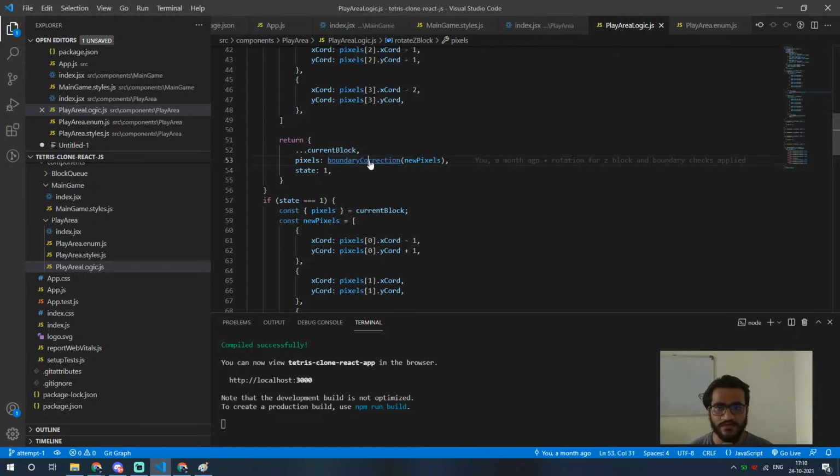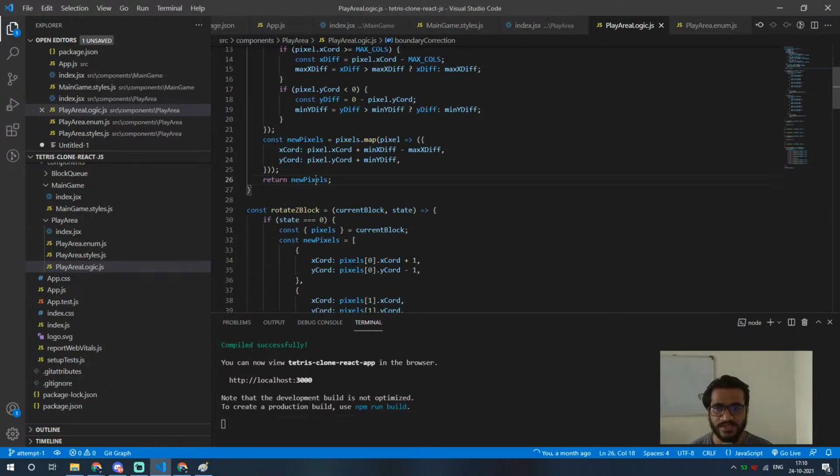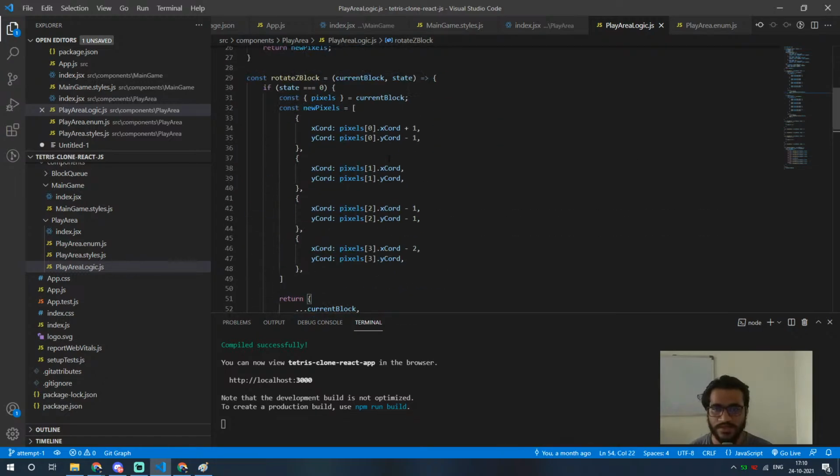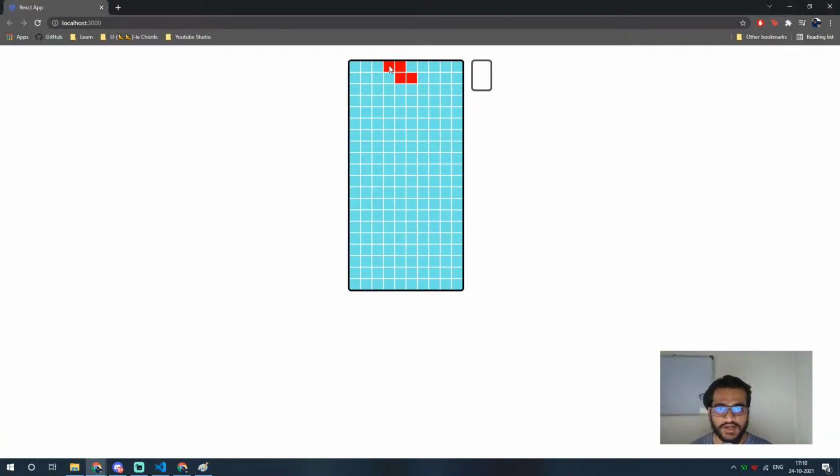And if they are not, then it corrects it and then returns them. So what I'm going to do right now is set this block outside the boundary, and when I rotate it, it will come back inside the boundary, and it would be rotated at the same time.